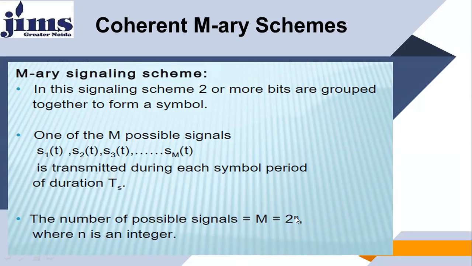It depends upon how many bits you want to combine to get the signal, right? So in QPSK, n is equal to 2, so 2 to the power 2 is equal to 4. So 4 possible signals are seen in the case of QPSK. So this is the basic concept involved in coherent M-ary schemes.